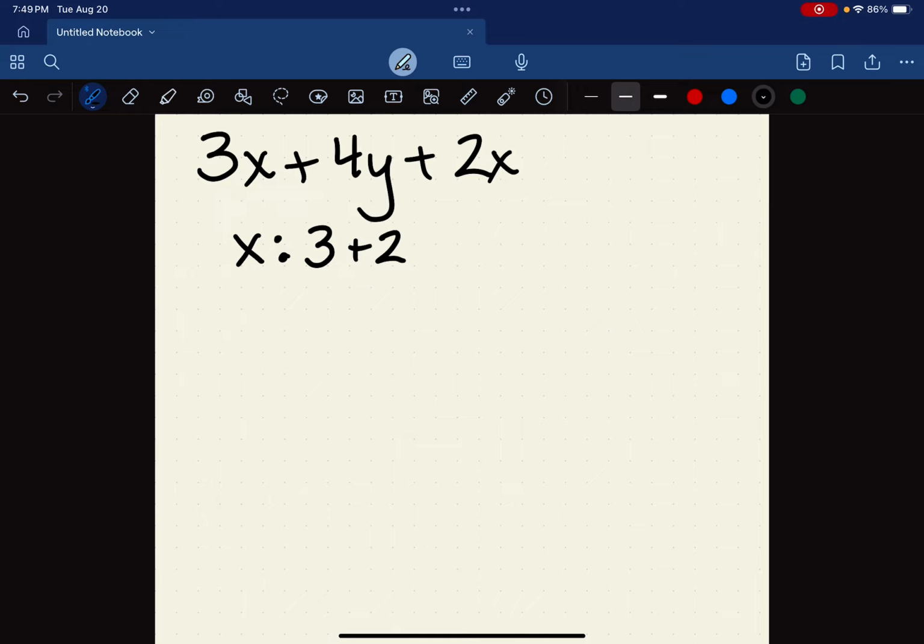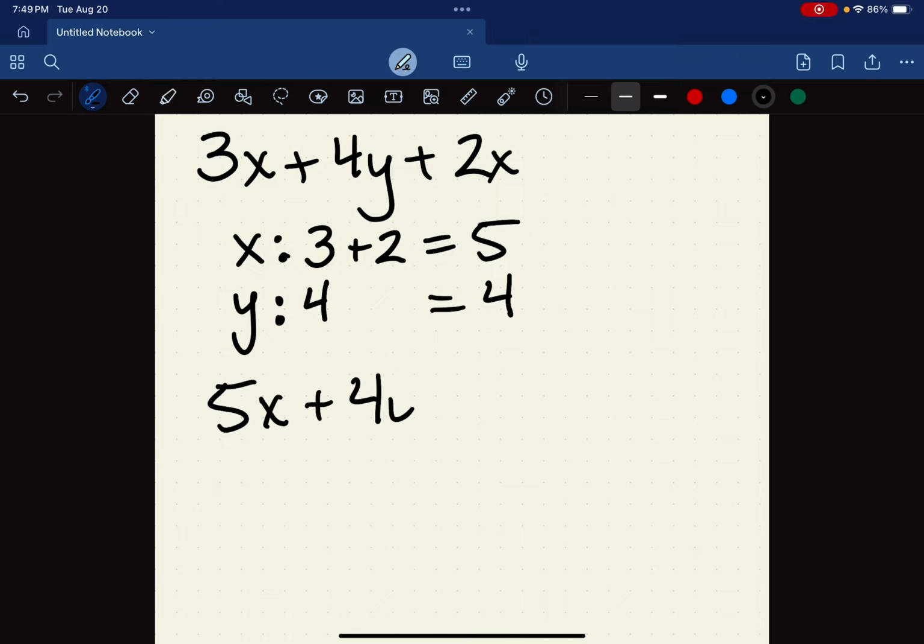So I'll go ahead and write down their coefficients as 3 plus 2. And then the terms with y attached to them, we just have a 4. So now let's go through and simplify. 3 plus 2 is 5, and then 4 is just 4. So in total, we have 5 x's and 4 y's, right?